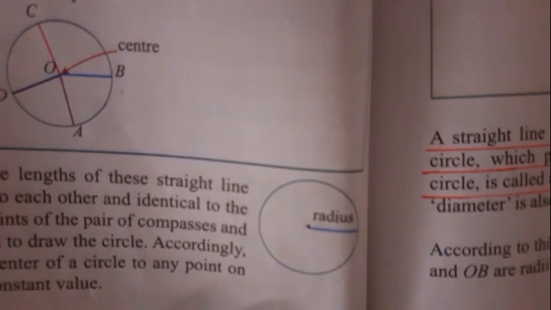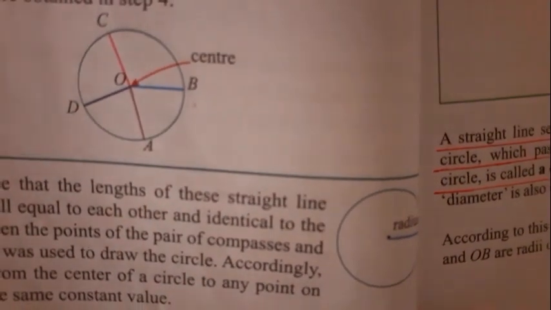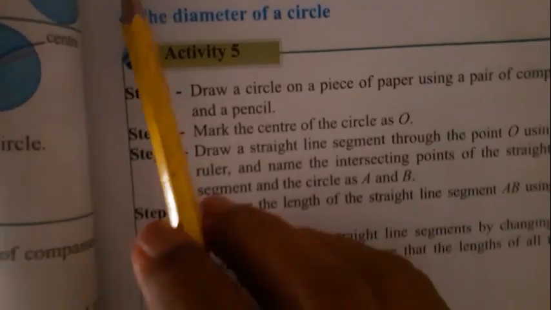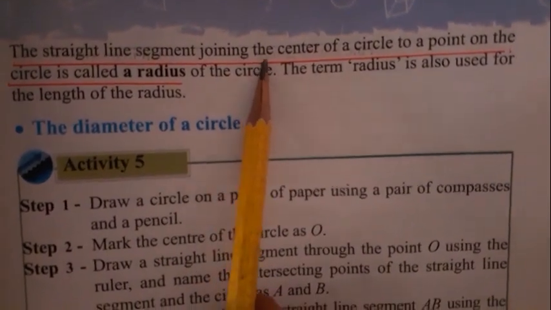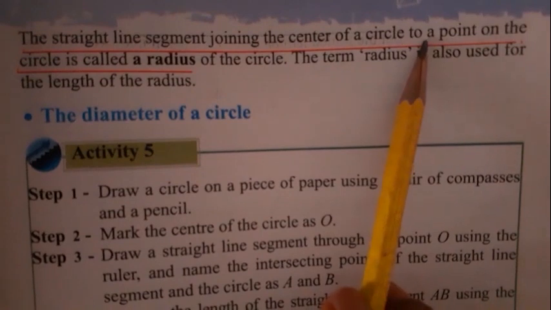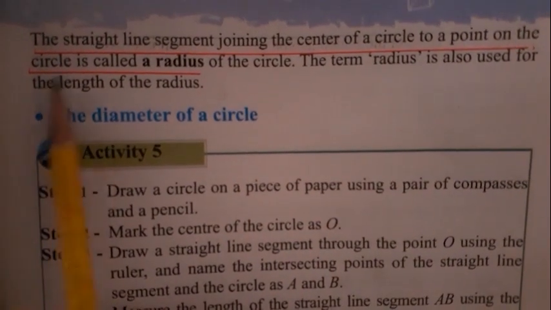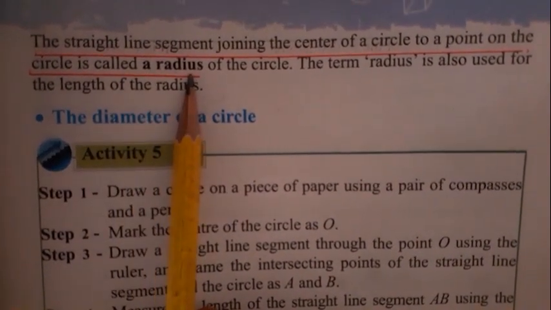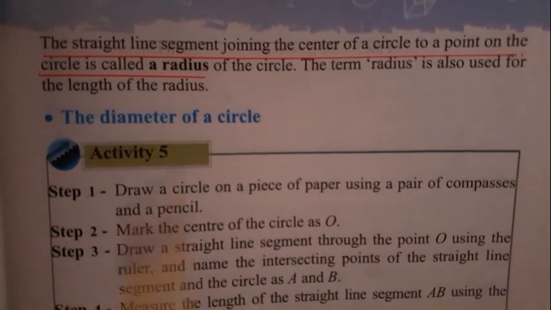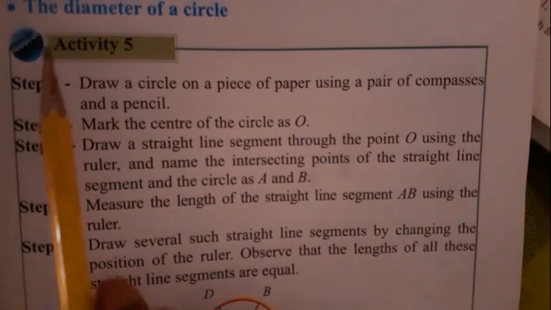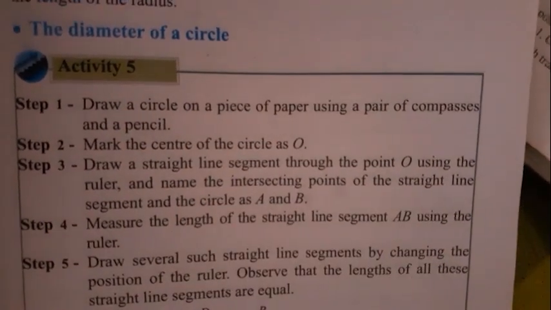Now turn to page 69 and please underline: the straight line segment joining the center of the circle to a point on the circle is called a radius. Please underline it in your textbook. The diameter of a circle.